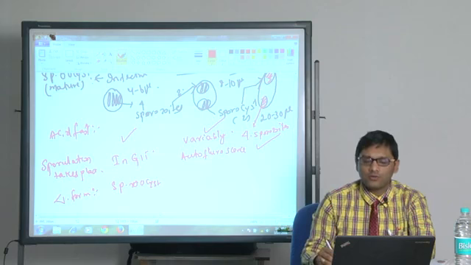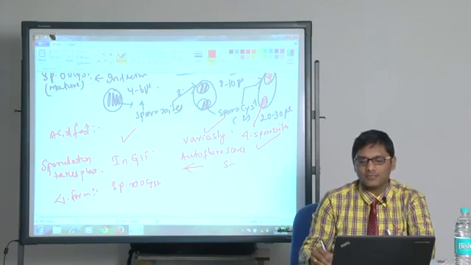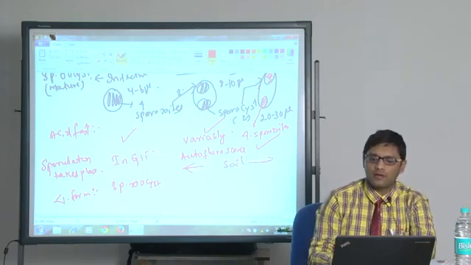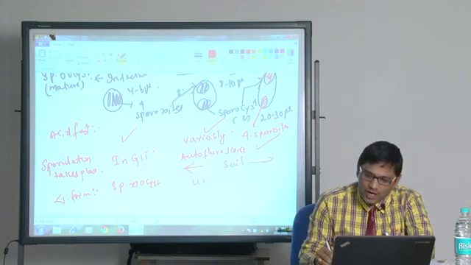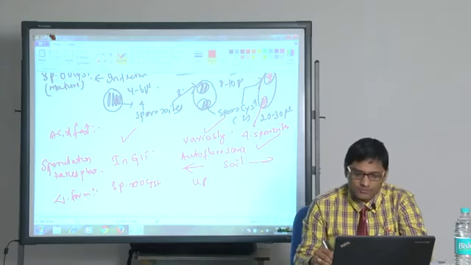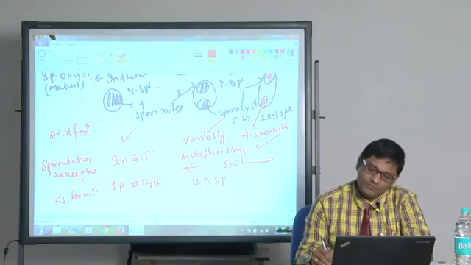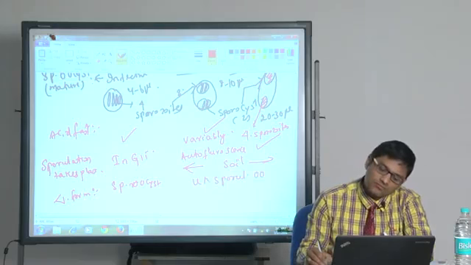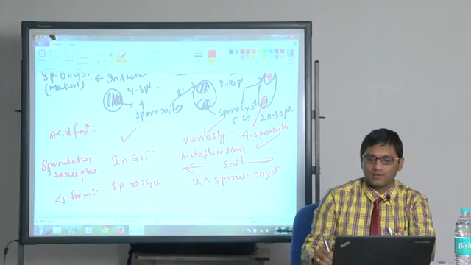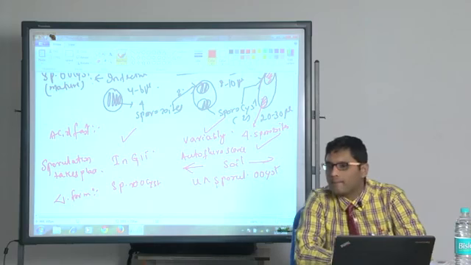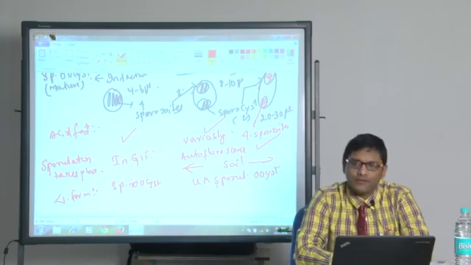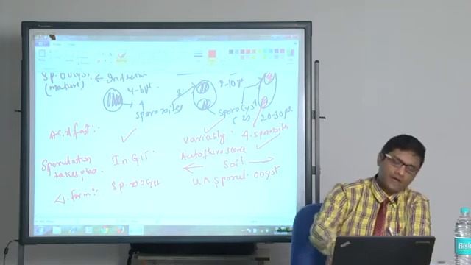Whereas for the other two, the sporulation takes place in the soil environment. So the diagnostic form is unsporulated oocyst. That is what is released in feces. That will become sporulated where? In the environment.